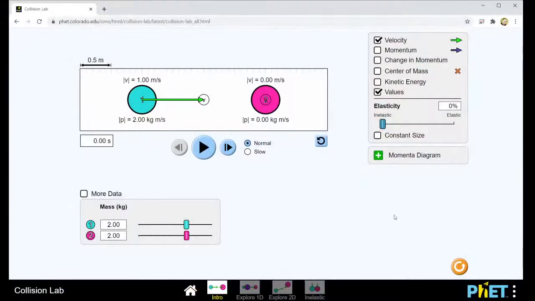Momentum is the product of mass and velocity. So momentum is going to be 2 kilograms meters per second. If you know that, you should be able to calculate their velocity after they collide.